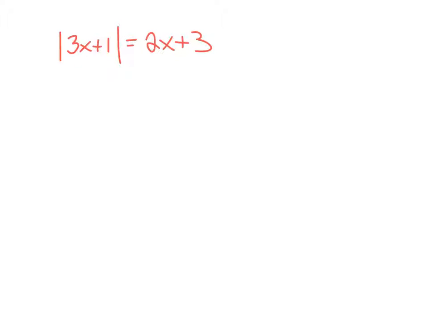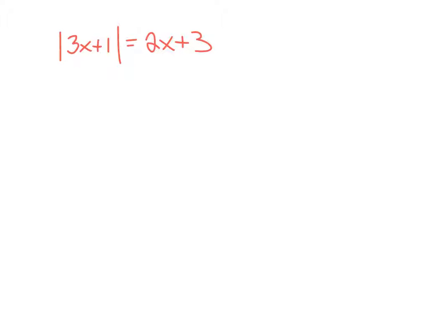So I'm going to work through a couple of different examples for you here. I'm going to start off with a fairly basic one because we can skip step 1 there. As you can see, everything that is outside of the absolute value symbols is already on the right-hand side. So we can just move to the next step, which is to set up two different equations.